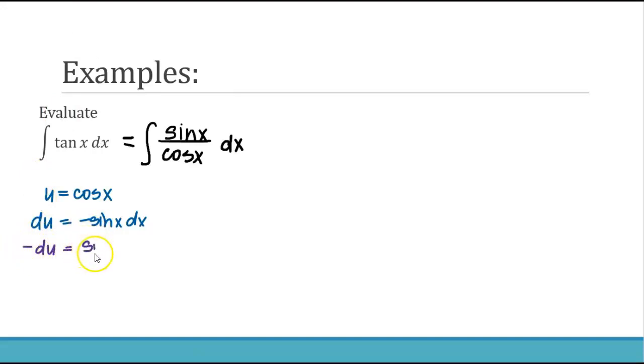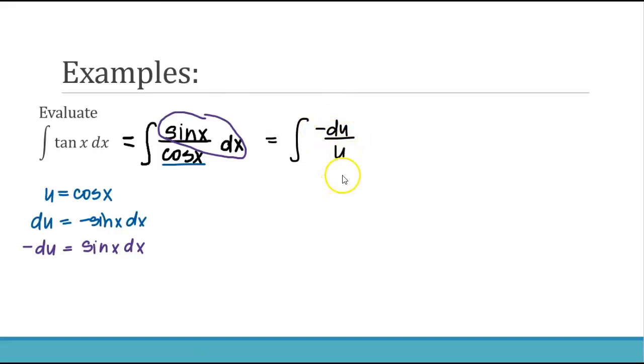So negative du is sine x dx. So I'm going to be able to replace sine x dx with negative du, and then I'm going to be able to replace cosine x with my u. So my integral will become the integral of negative du over u.